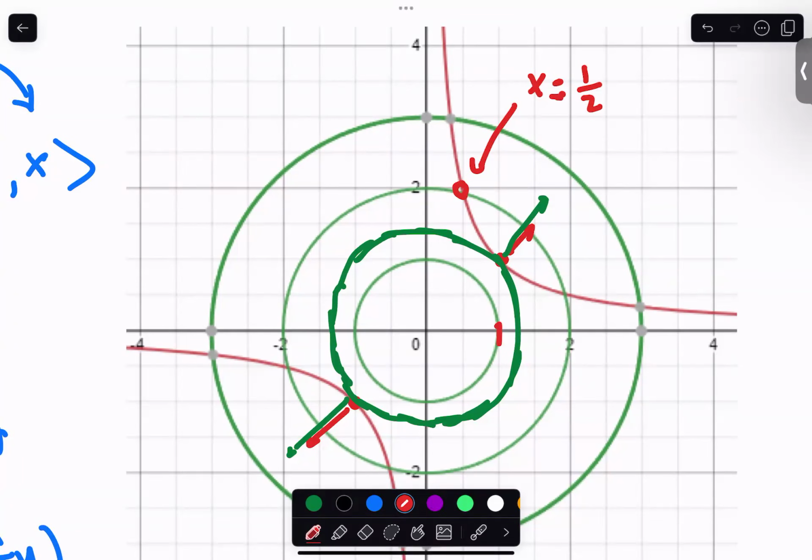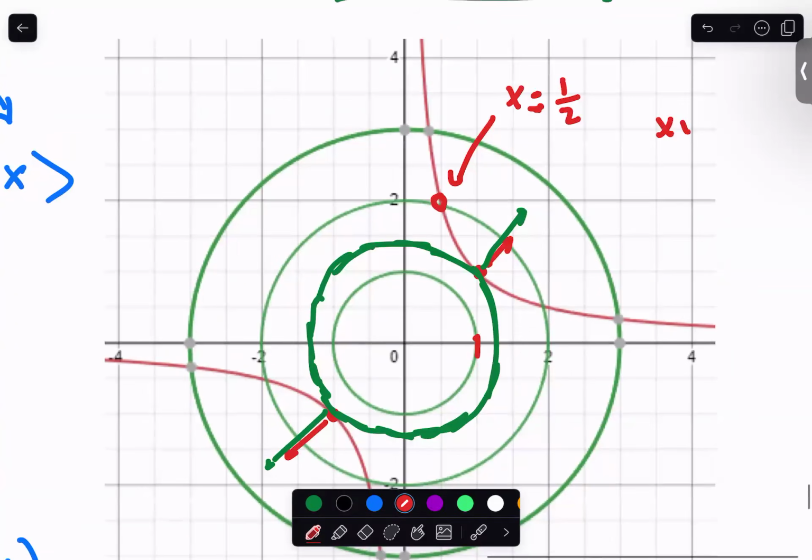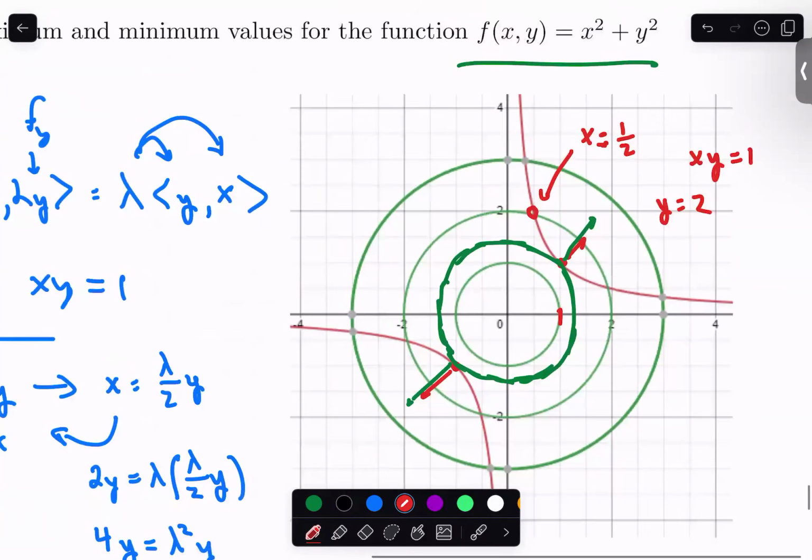Got confused by my scale. So if x is equal to 1/2 and I'm on my constraint equation, which again is x times y must be equal to 1, can someone tell me what y is equal to? 2, right? So the point here is 1/2, 2, which makes sense from this graph.